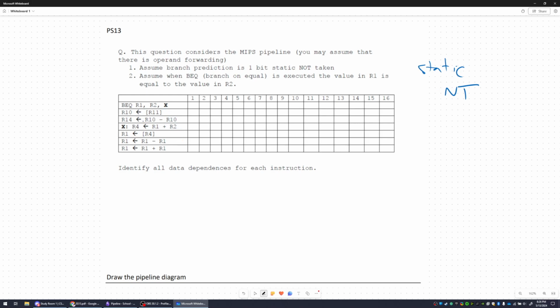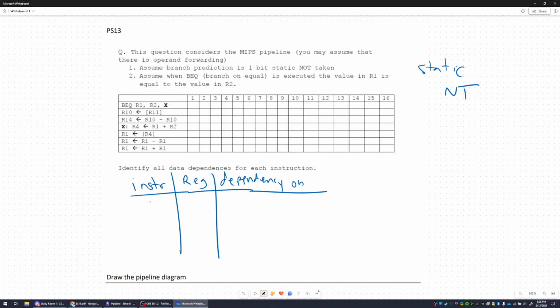So first, let's look at the dependencies. Over here: instruction, the register, dependent, and dependency on.